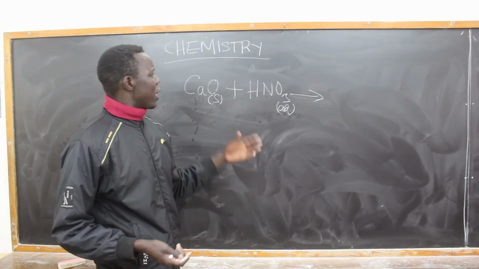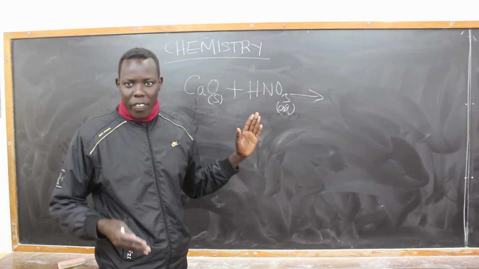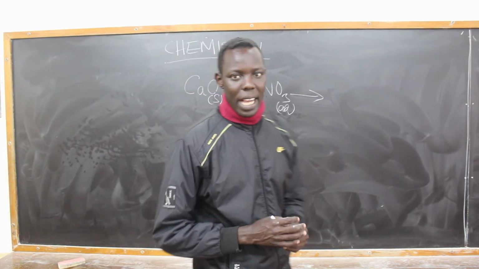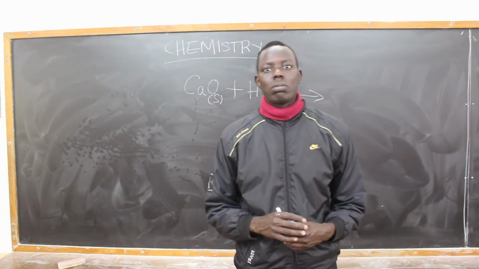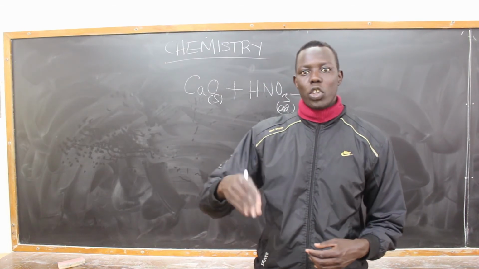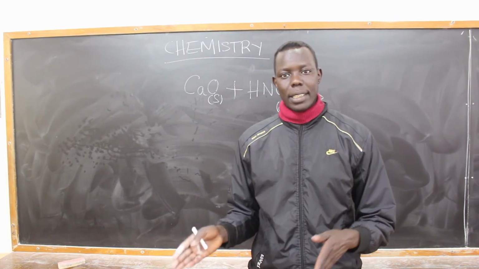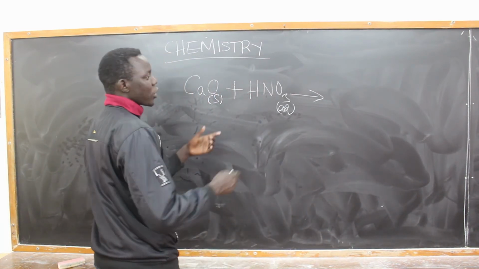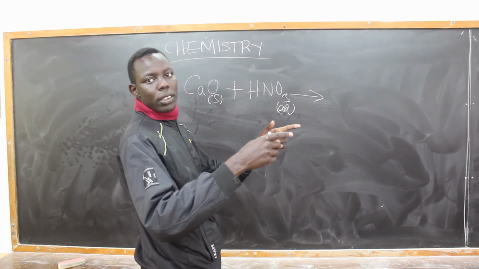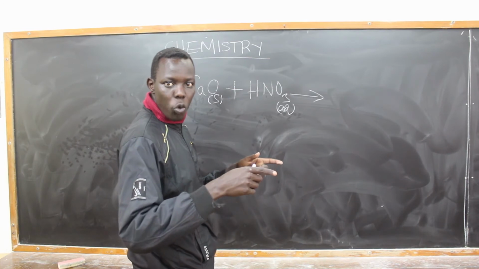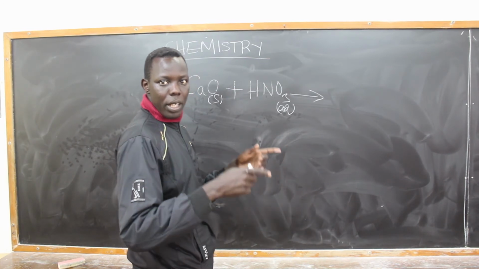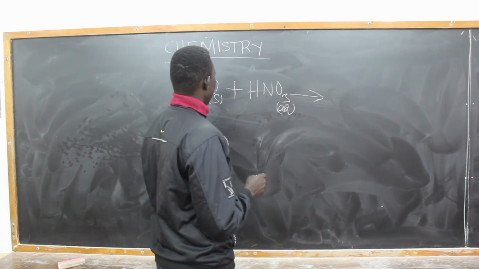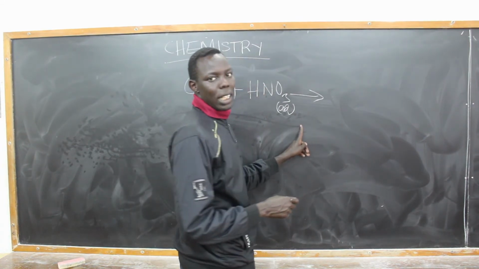Now this one, when an acid and a base react, we call the reaction a neutralization process, because the acid and the base are neutralizing each other. So it's going to give us neutral products, water and salt. Always water has a pH of 7, salt has a pH of 7. The salt here is calcium nitrate.